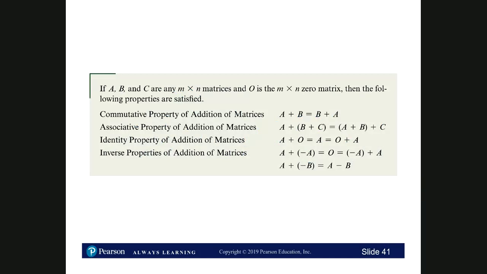The last slide has a summary of the properties for addition of matrices, and when we say addition, we're already including subtraction. So addition with matrices is commutative, meaning that you can change the order and you will obtain the same. It is associative, meaning that you can group 2 matrices.